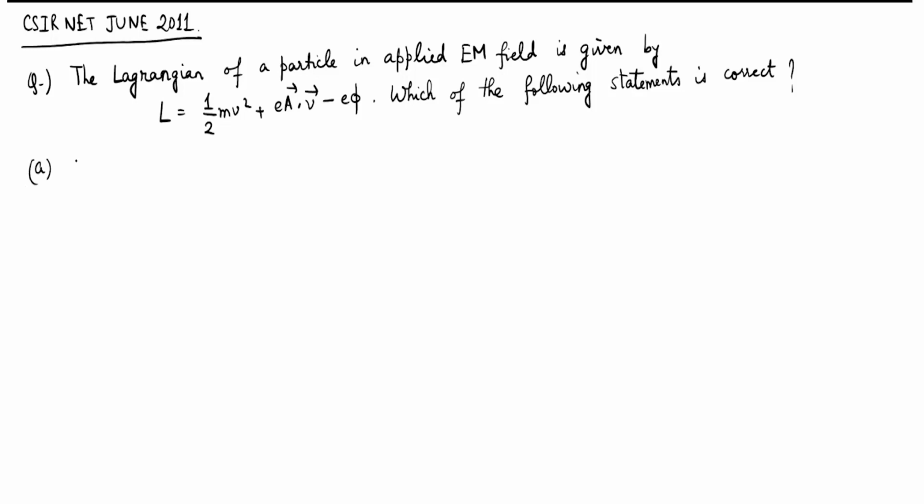A. The canonically conjugate momentum is P equals mv. Is it correct?